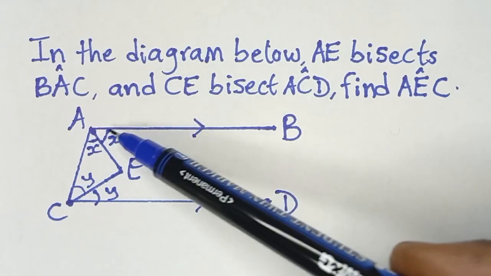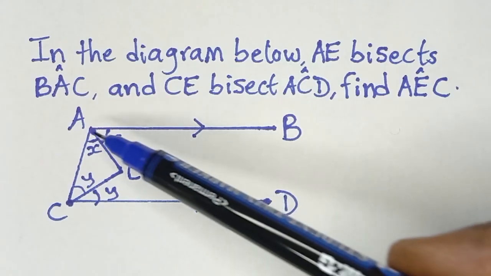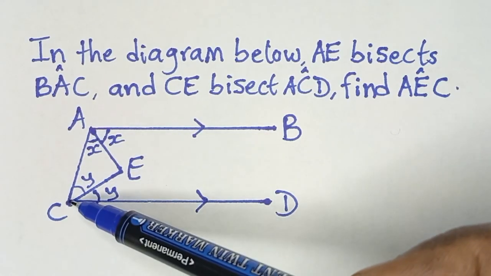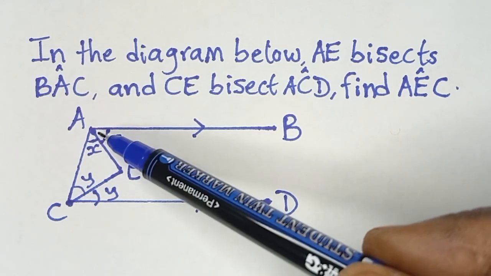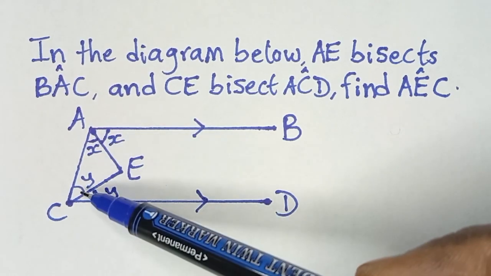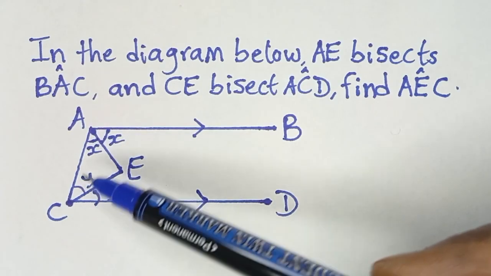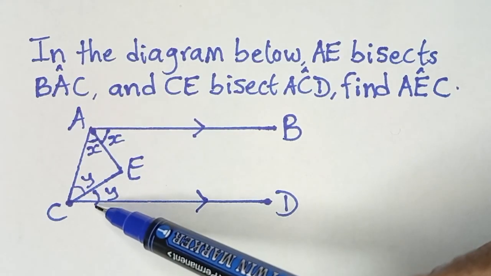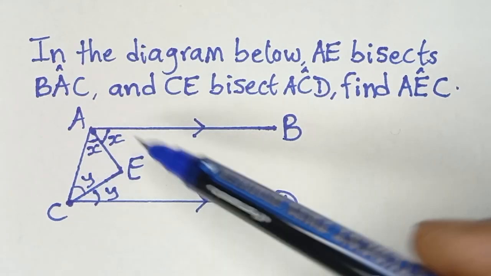When you have a line parallel to another line and a transversal joining them, the two interior angles sum up to 180. Don't forget. So this angle here and the whole of this angle will add up to 180. Let me write that down.